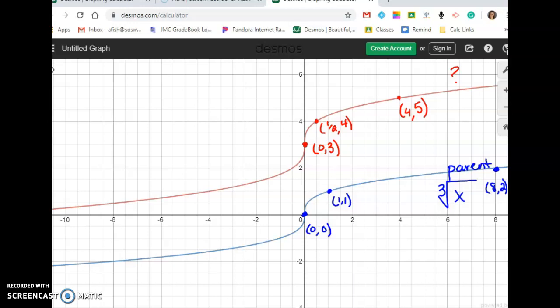Okay, so I always like to start with where the starting point is. Generally for a root, it'll be a 0, 0. So looking at that 0, 0 point, or the starting point, where the curve switches, it has moved up 3, and it didn't shift left or right here.